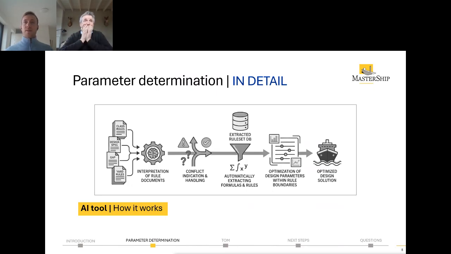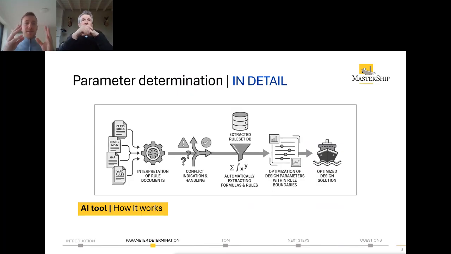So here I have this image displayed as a linear process from the left to the right. In reality, it might be more circular, but we displayed it as a linear process. So on the left, we are starting with those input documents, which are again usually just PDFs. And they are interpreted by the artificial intelligence tool and stored into a rule set database.